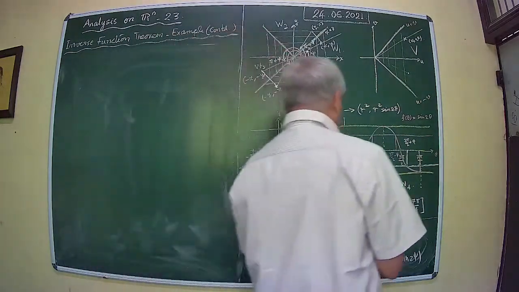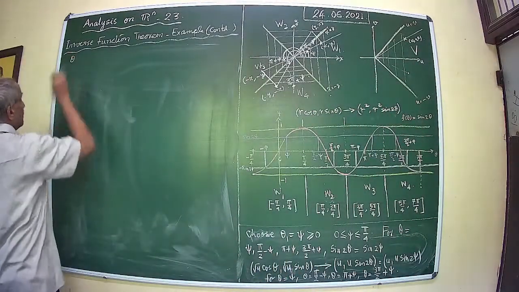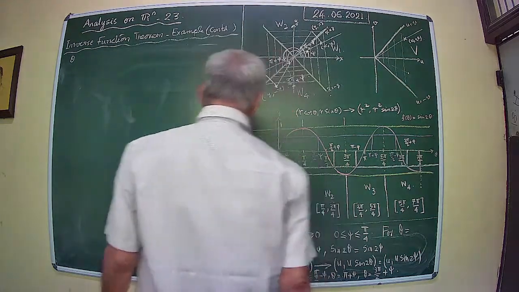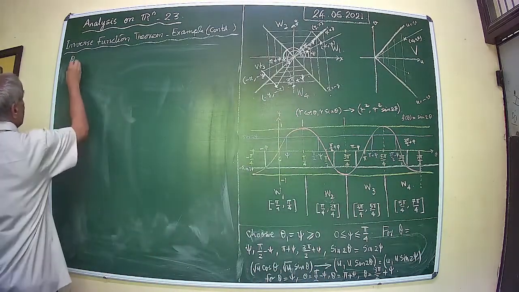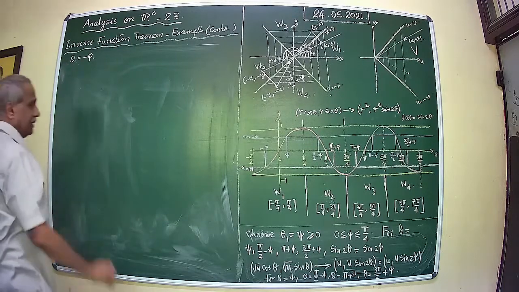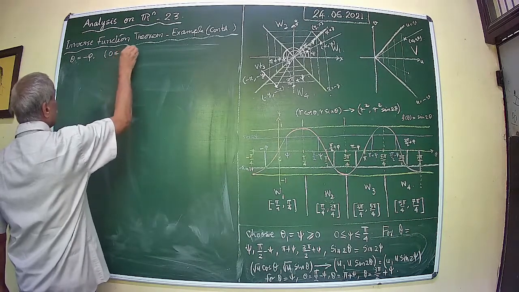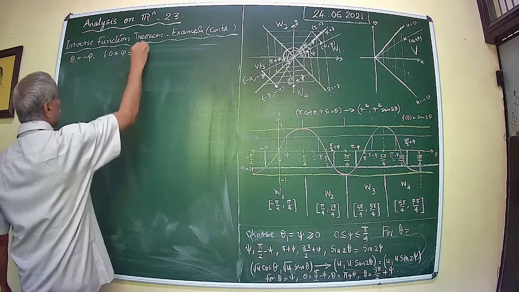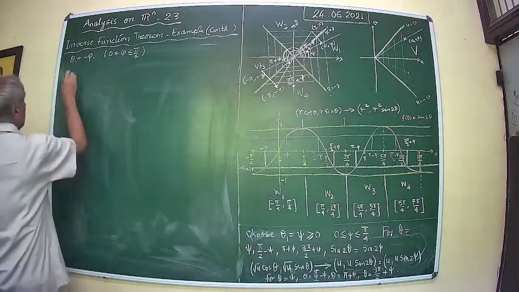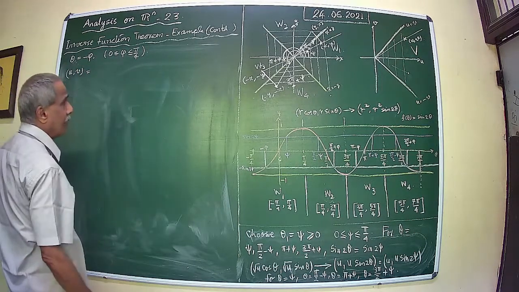So one observes the following. You choose theta equal to minus phi, then the corresponding UV equal to, what do you have?